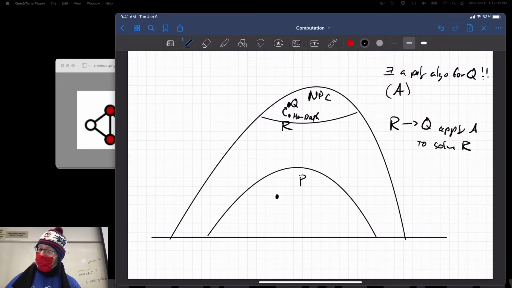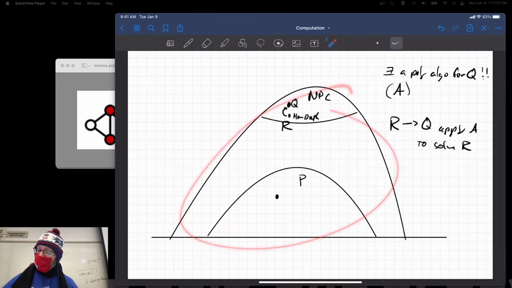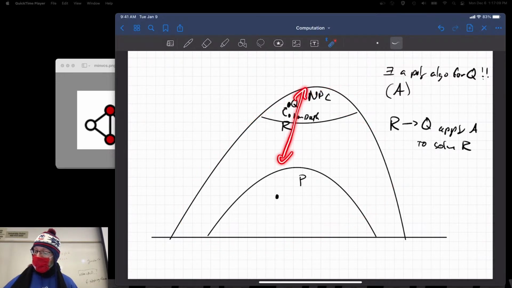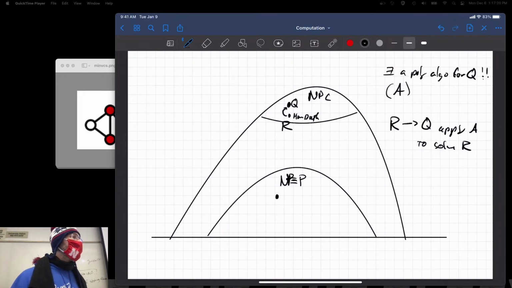What you've done to this complexity landscape is you've collapsed it. You've shown that P is equal to NP, and there are no NP complete problems. It's all P.